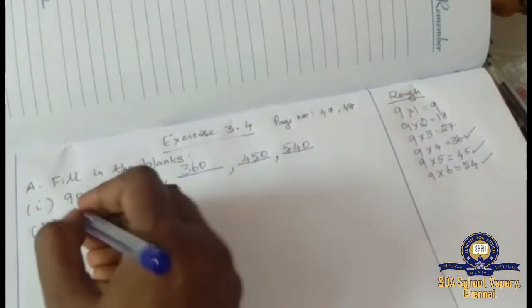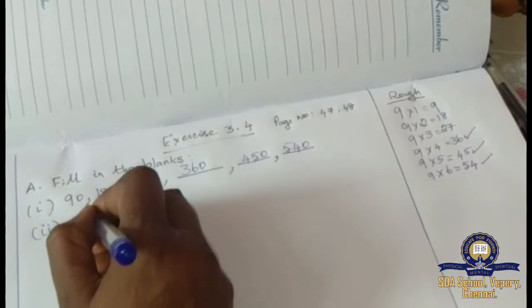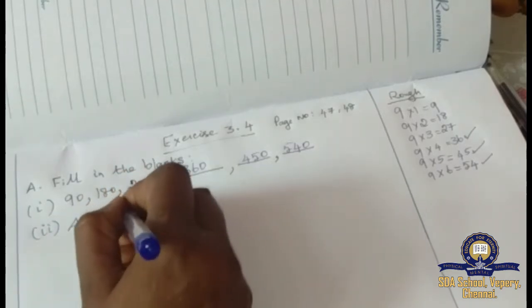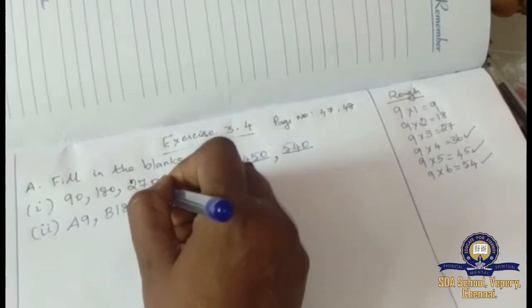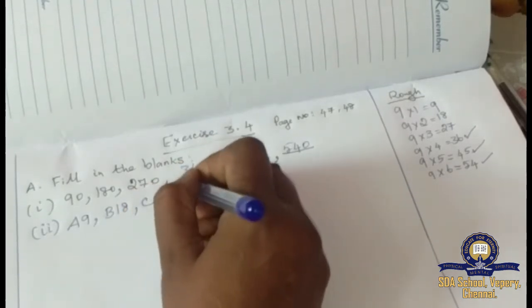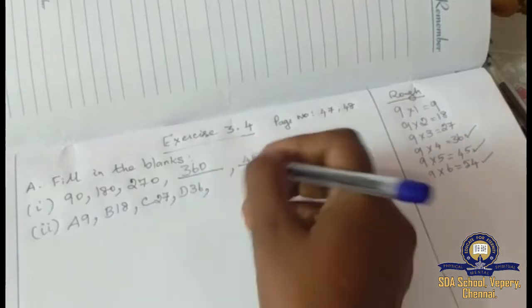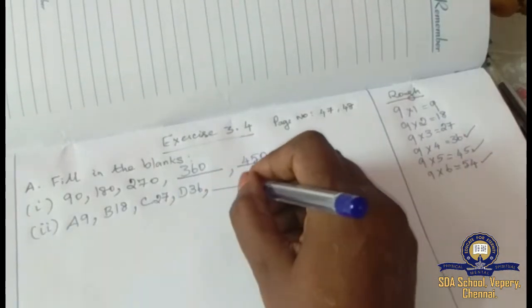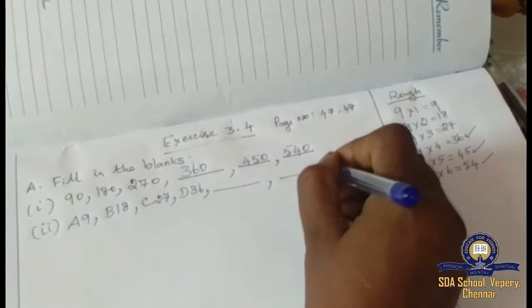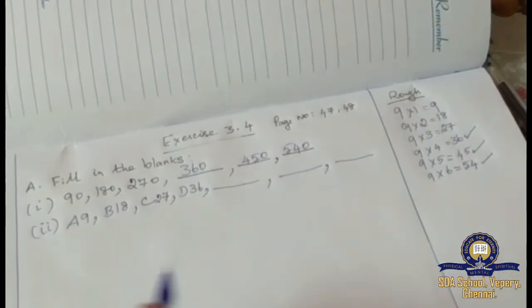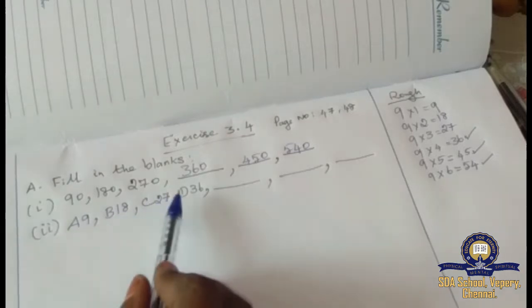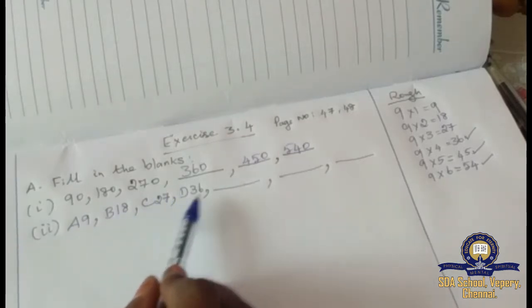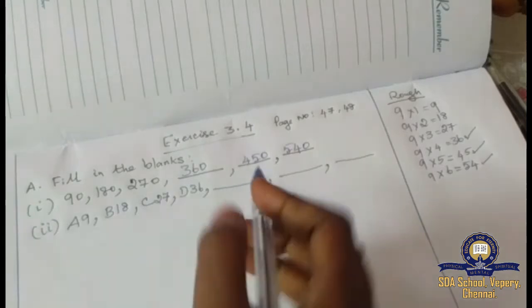So the second sum: A 9, B 18, C 27, D 36. What will be the next three numbers? Here see, all the numbers are preceded by one alphabet: A, B, C, D. So what will be the next alphabet?